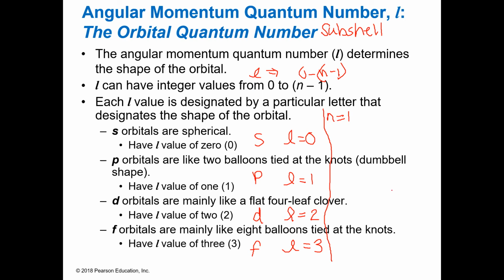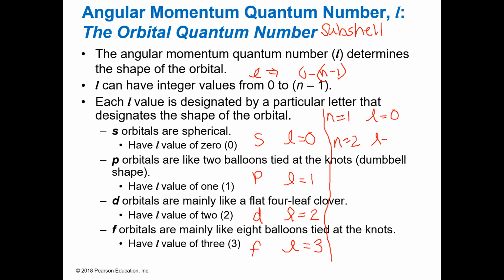For shell number 1, the only value for L I can have is 0, right? Because it's 0 through n minus 1. If n equals 1, then n minus 1 is 0. Does that make sense?